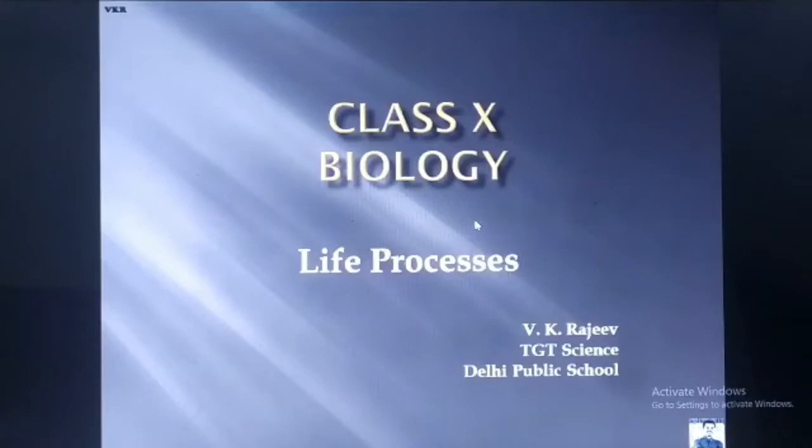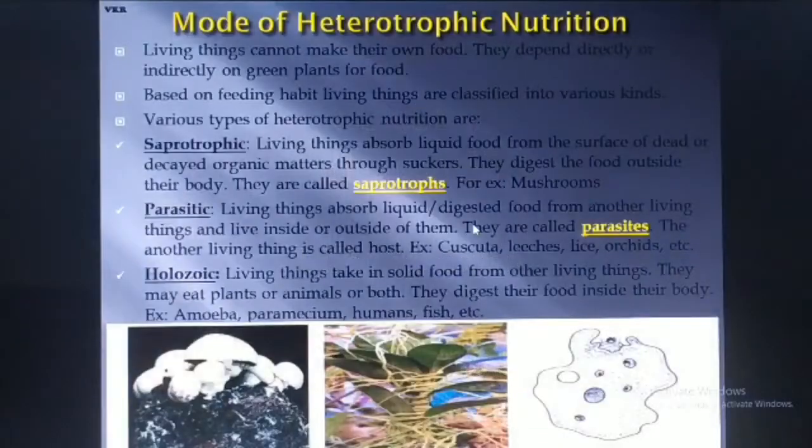Right now, here we saw that the mode of nutrition can be autotrophic or heterotrophic. We also saw that most of the animals or living things are actually not able to produce their own food, so they are put under the category of heterotrophic animals, and they are called heterotrophs, and the nutrition is called heterotrophic nutrition.